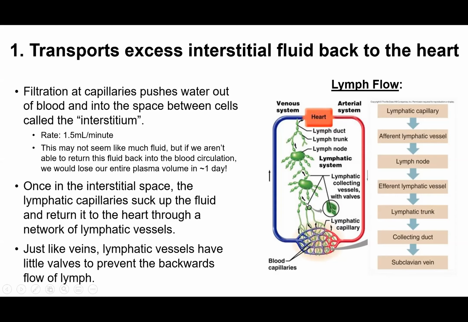So it prevents backflow, so we can eventually get it back up to the heart. On the next slide, we're going to talk about some of these different vessels and go through the flow that lymph takes from the interstitial space back up to the heart. So let's do that.